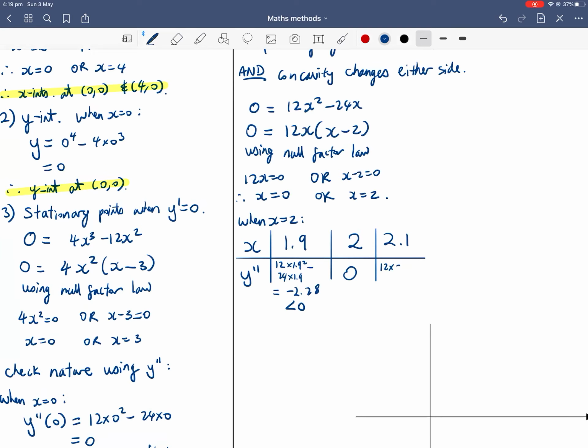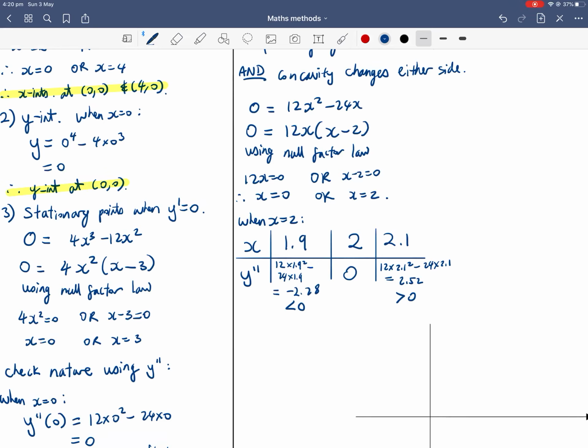And then 2.1: 12 times 2.1 squared minus 24 times 2.1 gives me 2.52. So that's positive. So that's good.